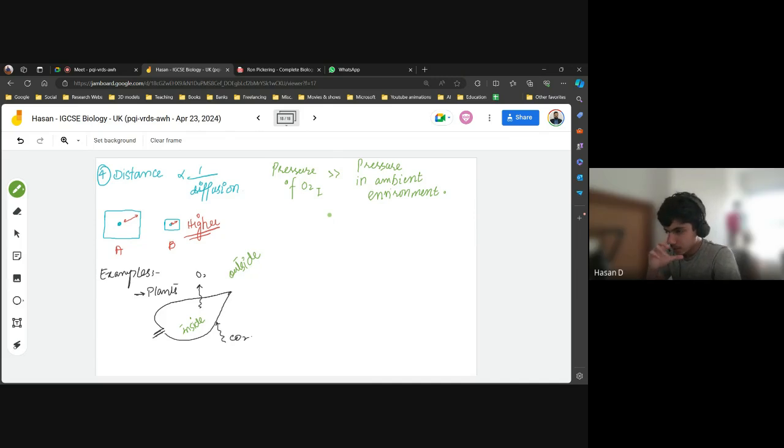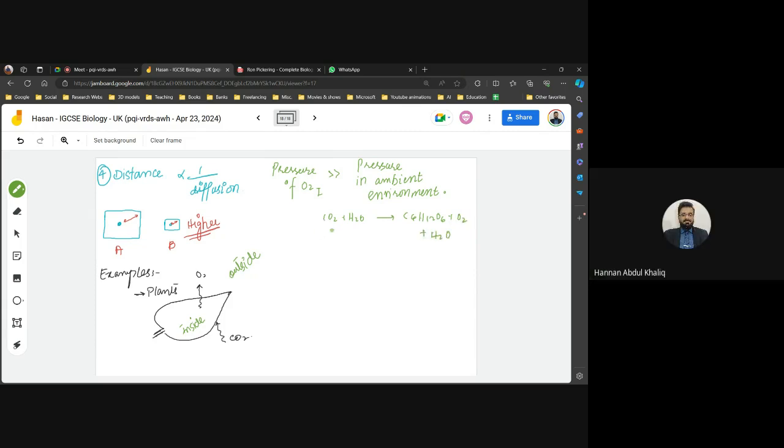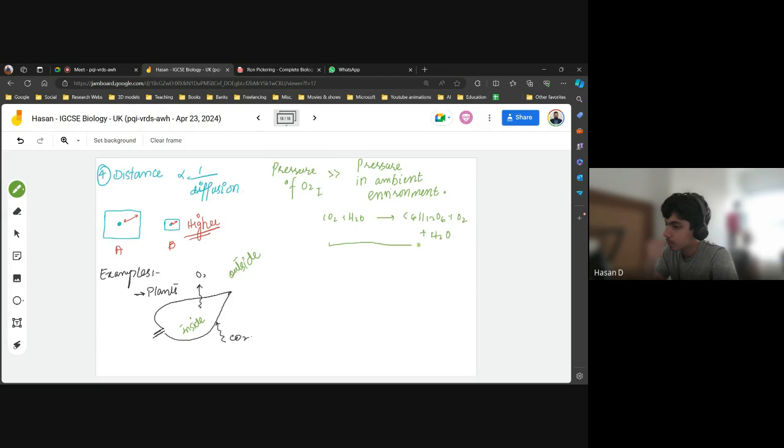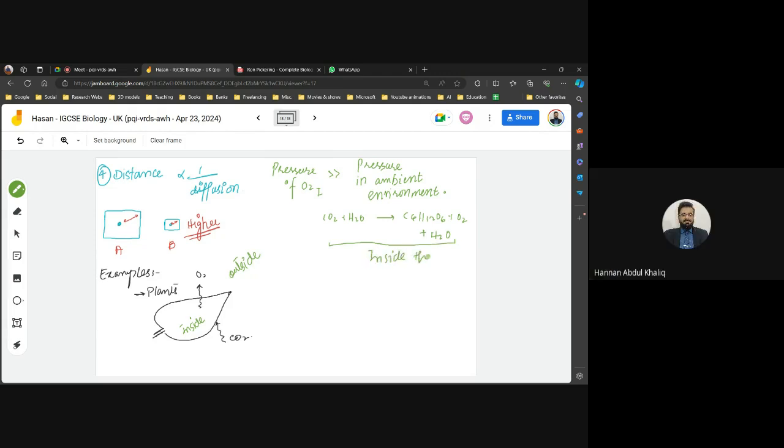The equation is carbon dioxide plus water equals glucose plus oxygen. So it's required for the plant to have carbon dioxide coming inside. This process is occurring inside the leaf. It means the plant is constantly consuming it.